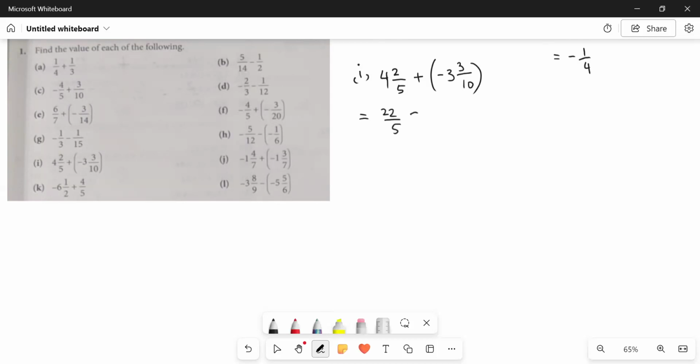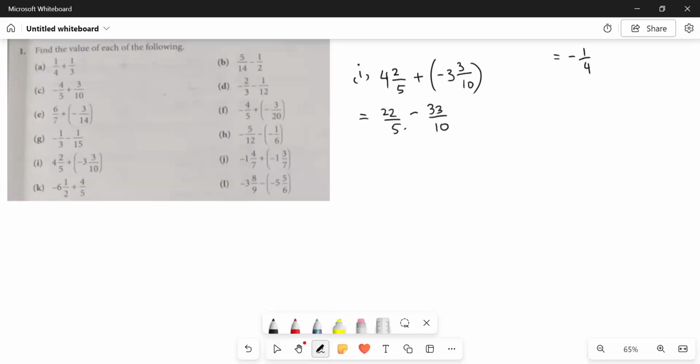Plus minus minus 3 whole 3 upon 10. So now we have to change the signs, okay? Since we are opening the brackets, because there is no other integer, no other fraction apart from 3 whole 3 upon 10, we can open the bracket by just multiplying the two signs, okay? But how to convert this mixed number into an improper fraction? 3 tens are 30 plus 3, 33 upon 10, right?